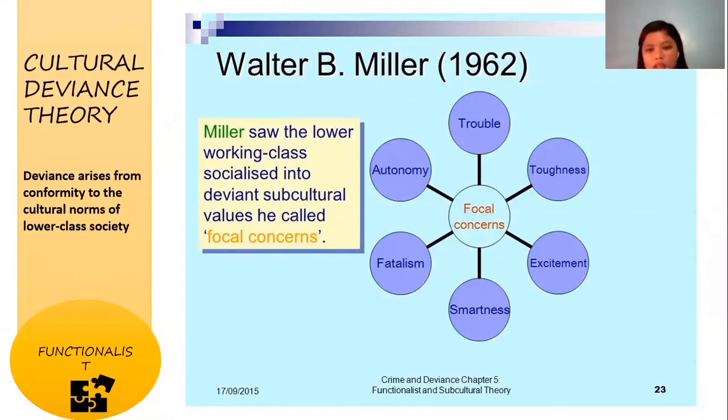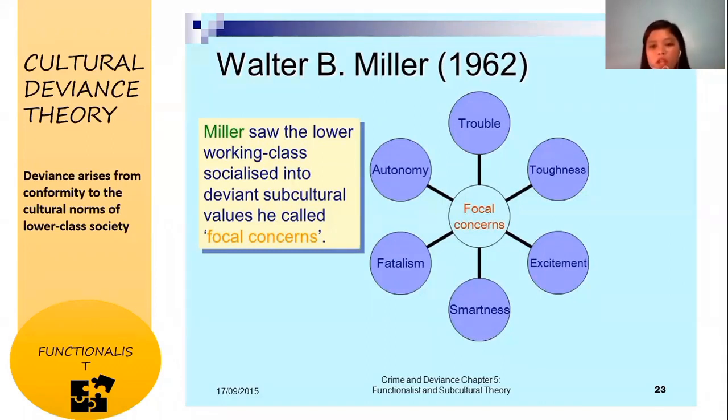Next, we have excitement. People in the lower class usually get involved in things that arouse their excitement, and these things are usually deviant in nature, wherein for example they get involved in gambling or in sexual acts and such.